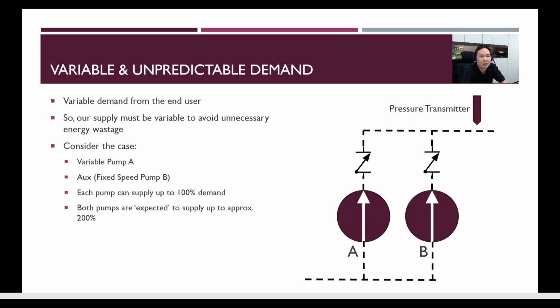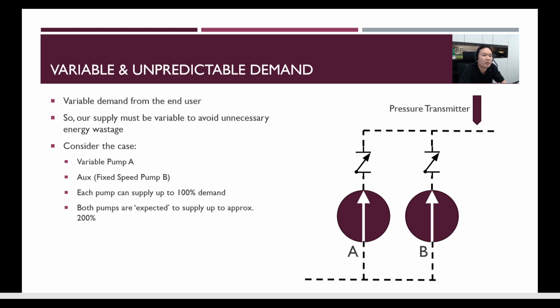So consider a variable pump. Now we have pump A and pump B. In this example, I have a booster pump set where two pumps are paralleled, go to a check valve, and then finally there is a pressure transmitter at the manifold.